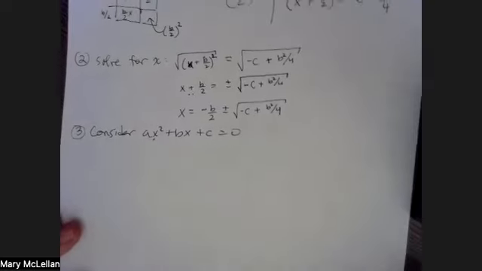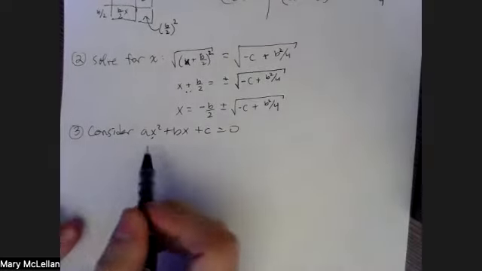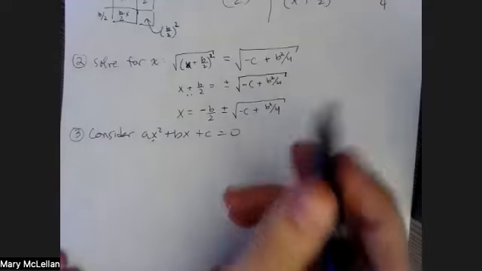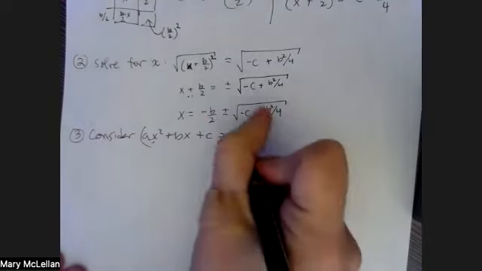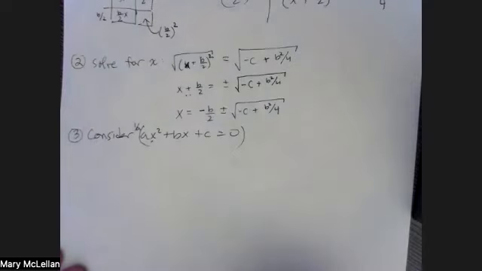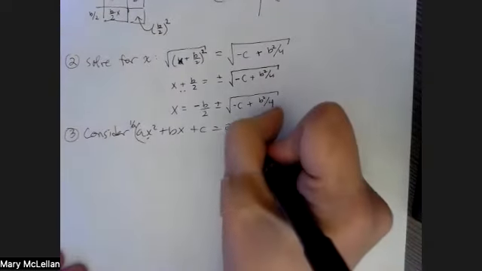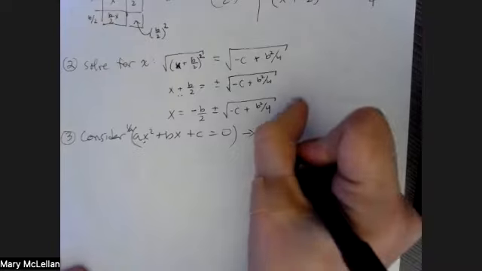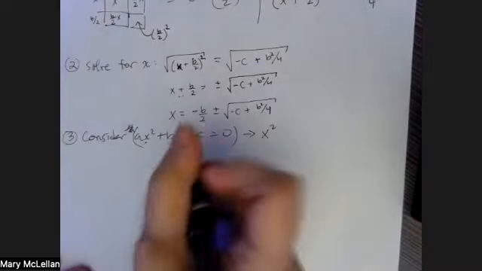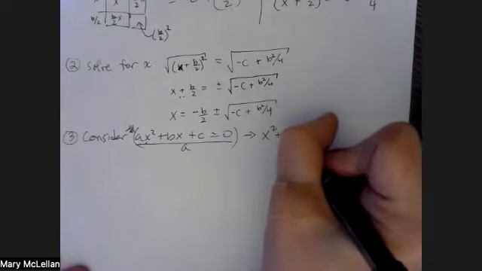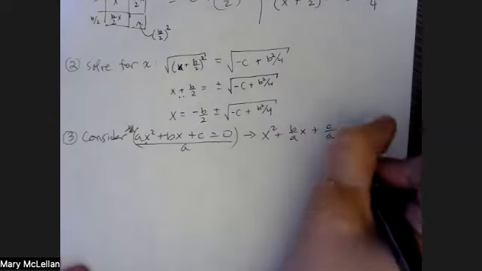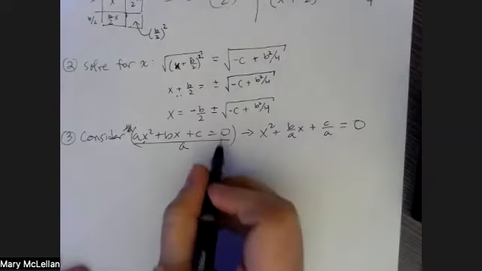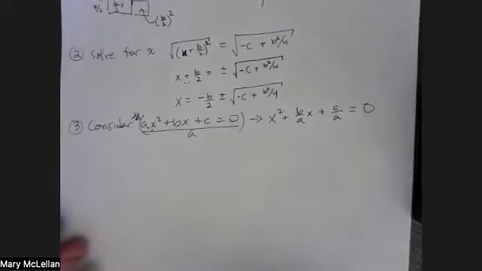You would divide both sides of your equation by that a term. So here I'm going to multiply both sides of my equation by 1 over a, which gets me x squared plus b over a x plus c over a equals 0, since 0 over a is still 0.